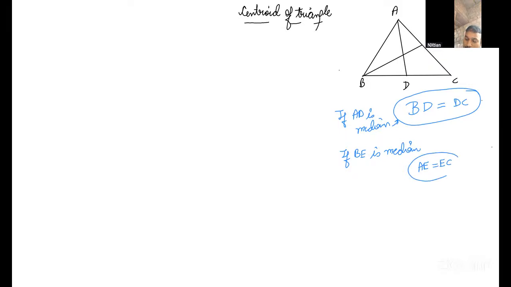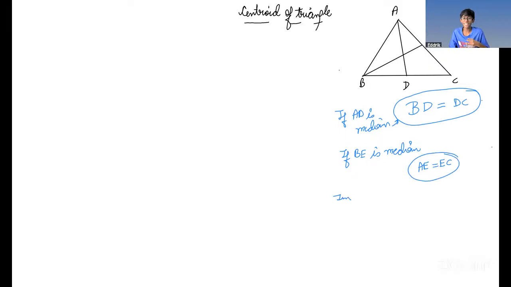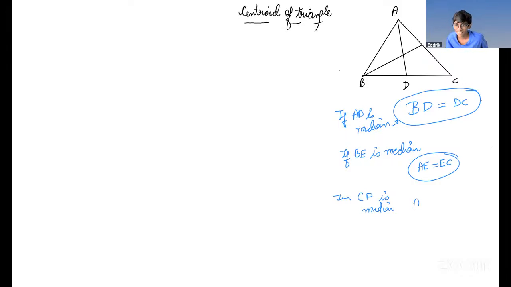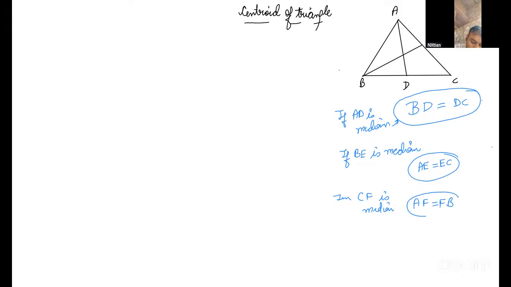And if CF is a median, then AF is equal to FB. So I will have to draw the median. Give me a second. Okay, this is F.